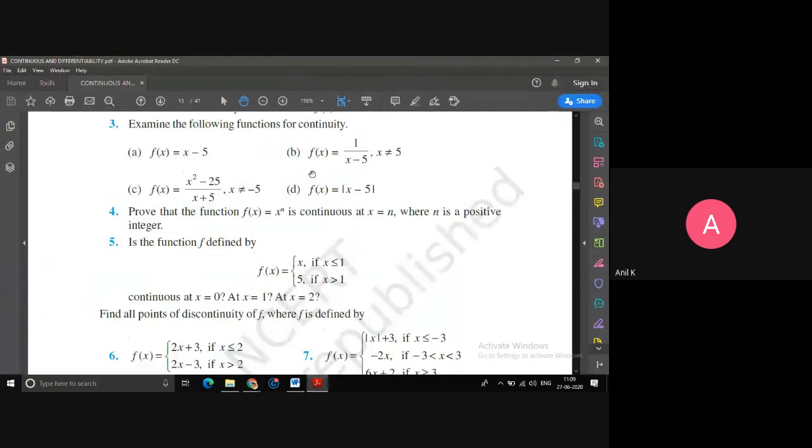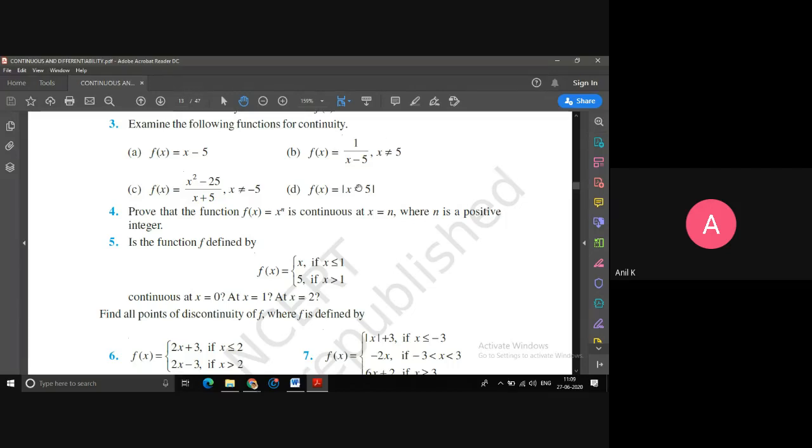Then I'll move to, I think the rest of this is mod x minus 5. One, you can say the modulus function is a continuous function. We have that property already. Or you can use the composition of functions, like take g of x as x minus 5 and h of x as mod x. Then you can prove it is a continuous function.